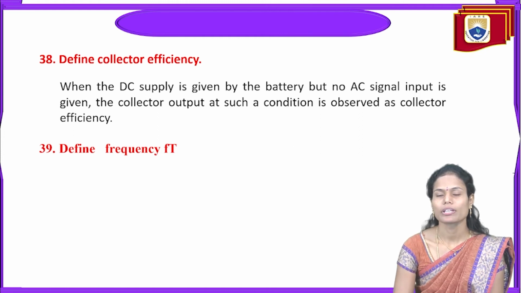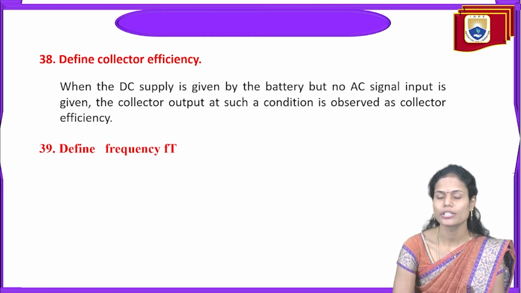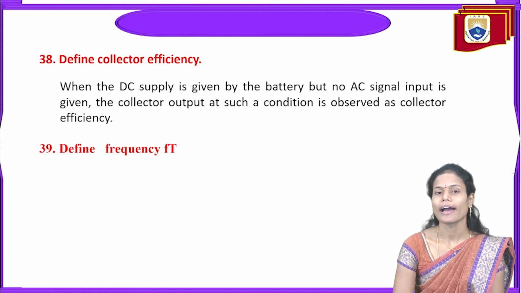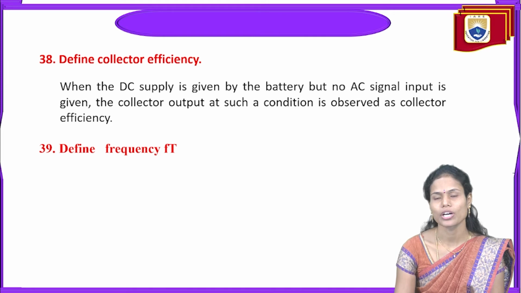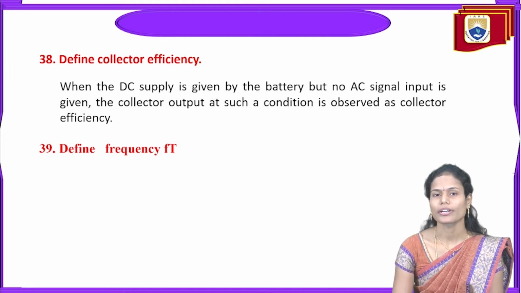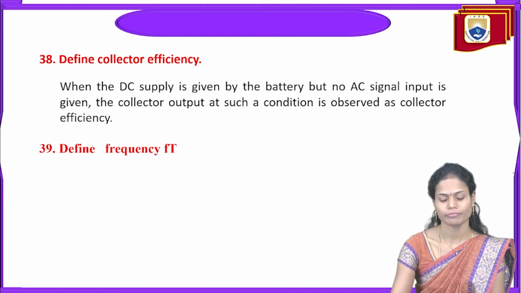That is nothing but whenever we are not providing any AC input signal to the amplifier, and the amplifier itself is providing the collector current, we can say it is the oscillator circuit. So in that oscillator circuit, how much collector current we are generating is indicated by the collector efficiency.